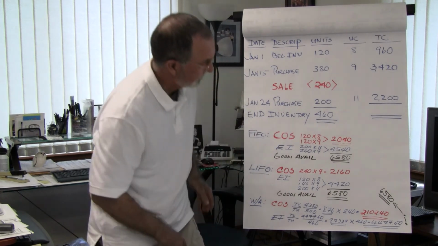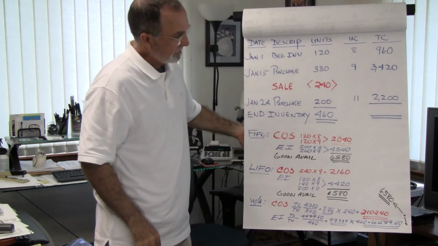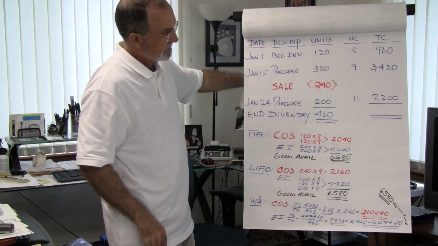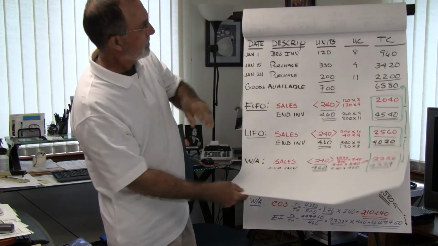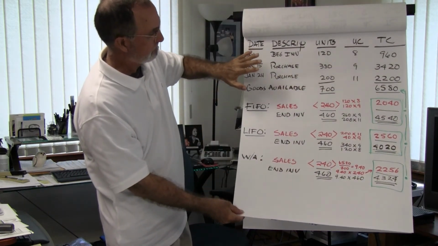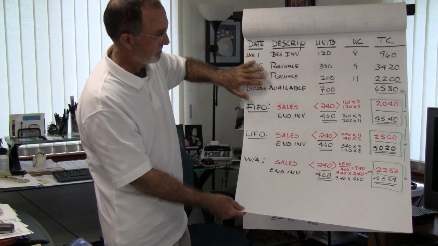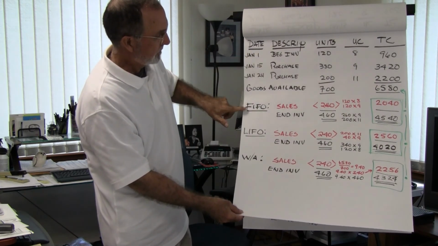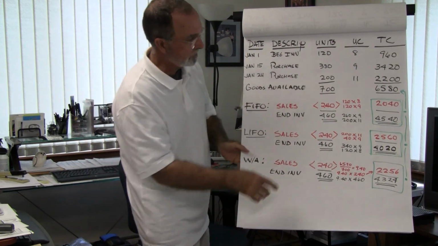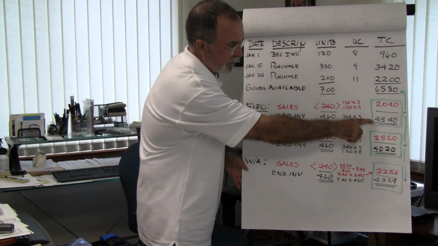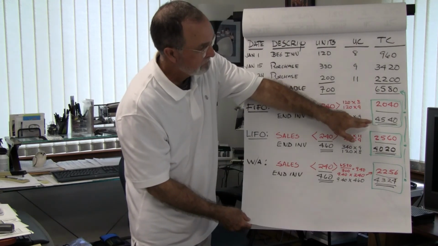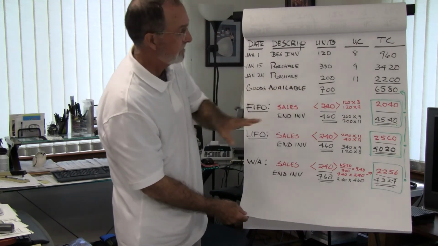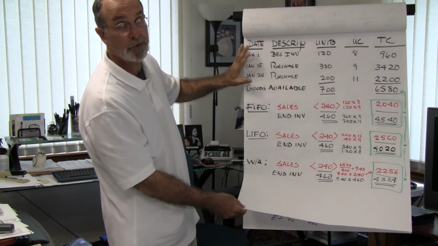Finally, of note, something you might want to just keep in mind. When we use the periodic inventory method, under FIFO, notice our numbers were 2040 and 4540 for cost of sales and ending inventory.